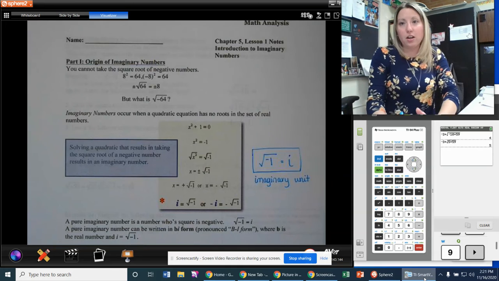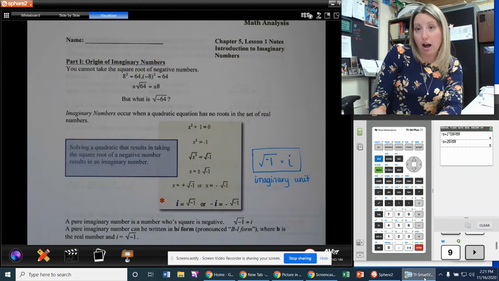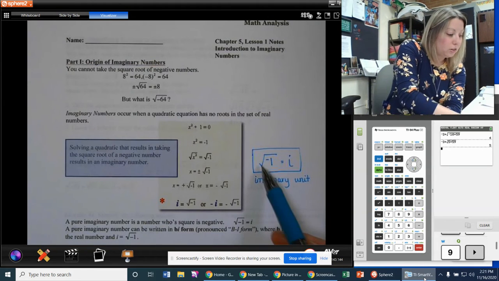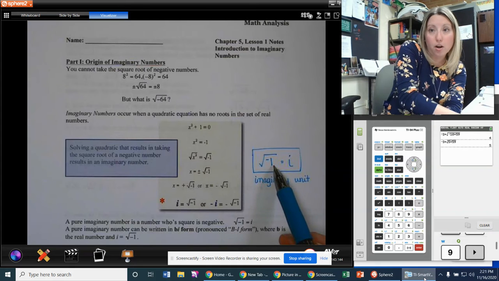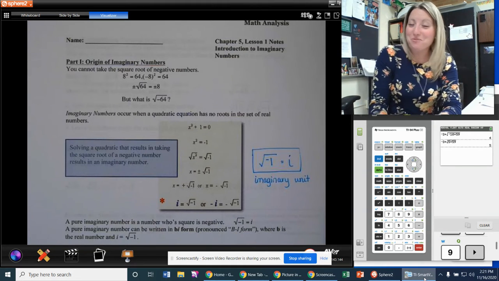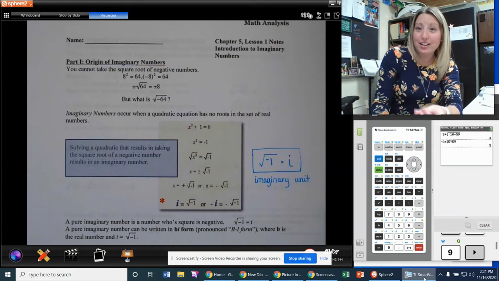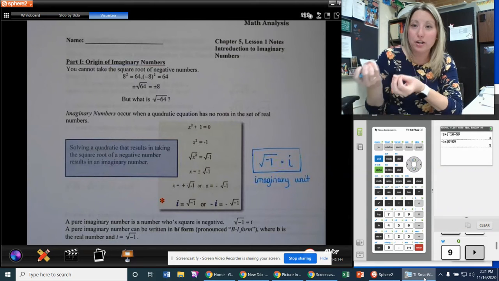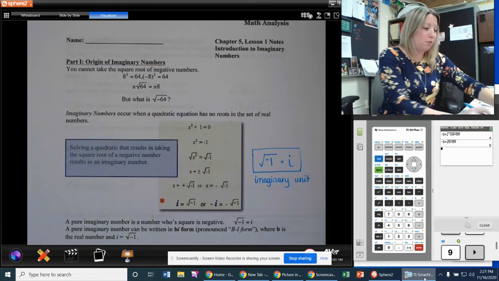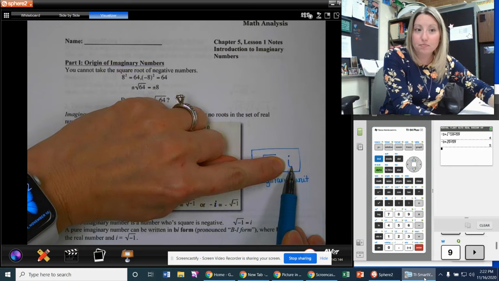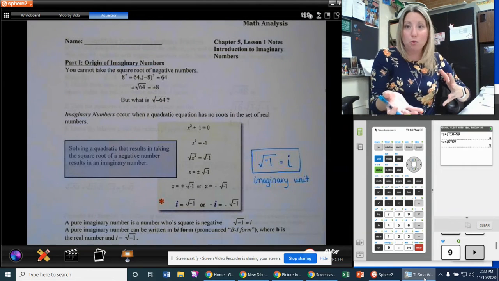So everything that I talk about with a little i is talking about having a negative 1 under the radical. Just like we can't leave any perfect squares under a radical, we actually can't leave a negative 1 under the radical. So we're going to bring that out in the form of a little i. Okay, that's what's going to come out.